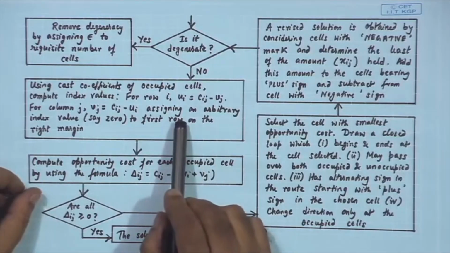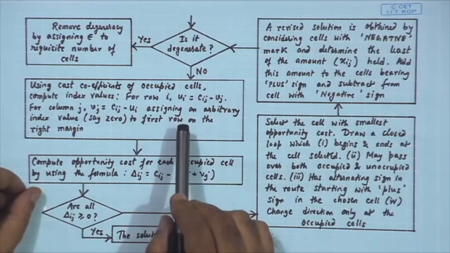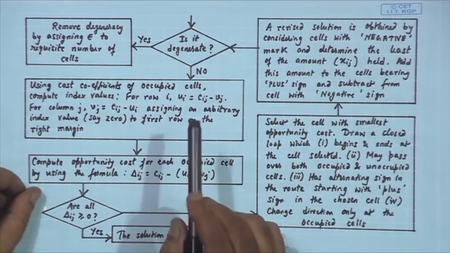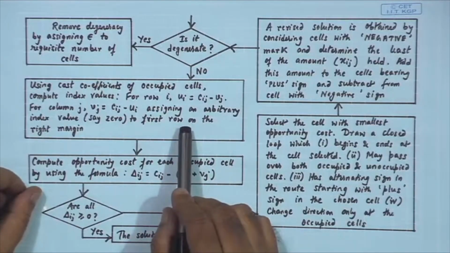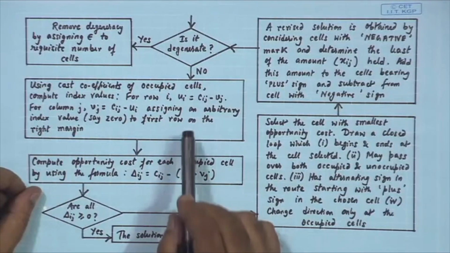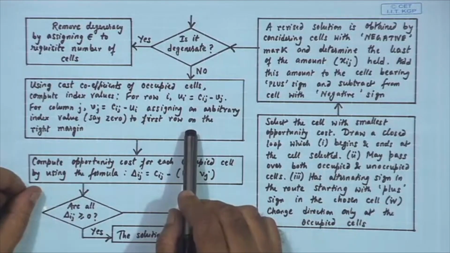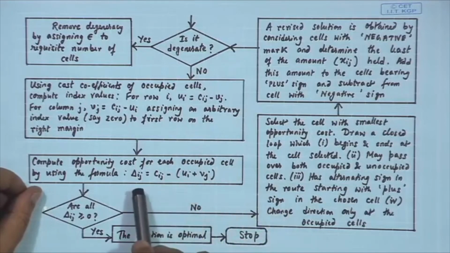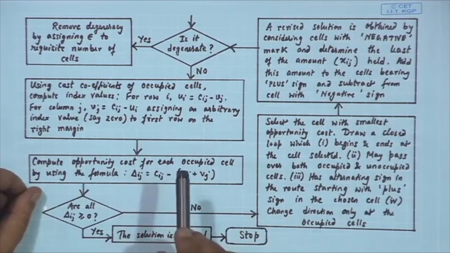Or in other words, at first we have to find the values of u i and v j, and you can do it if I choose arbitrarily at least one value of u i or v j, then I can derive the other values. Once I have done this, c i j is known to me.